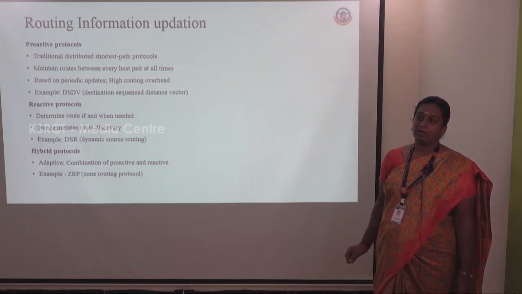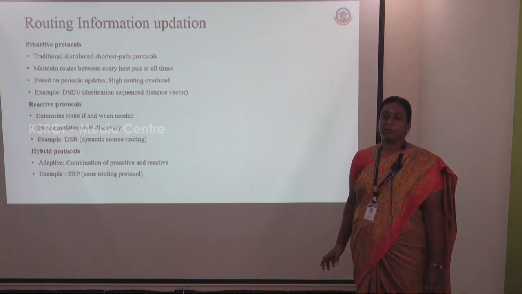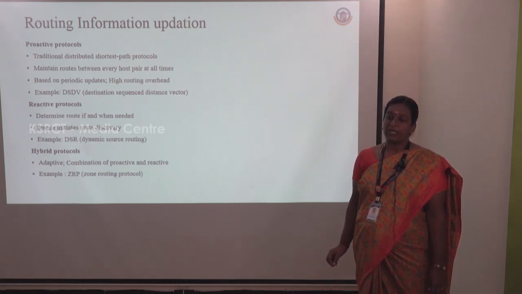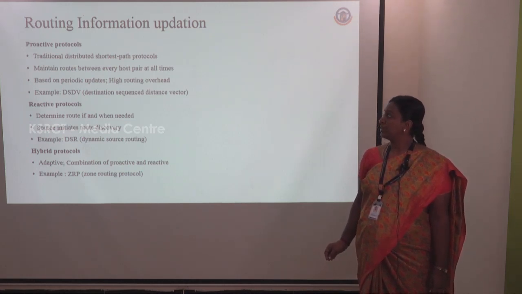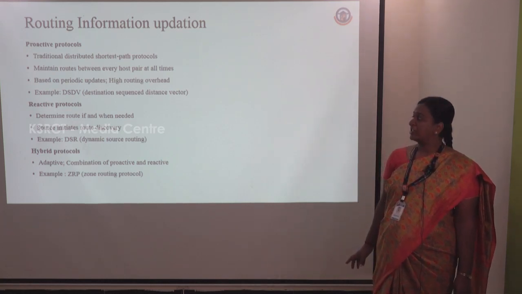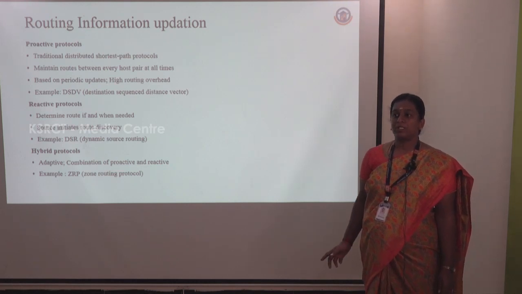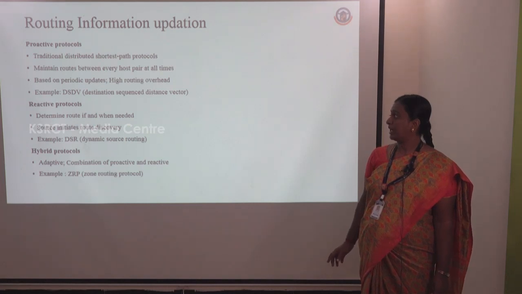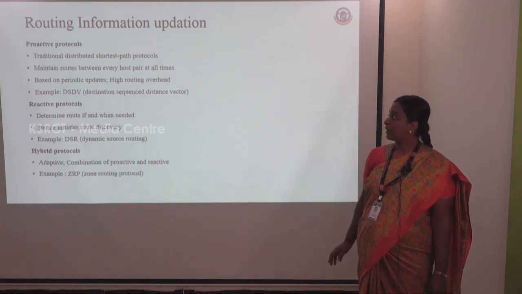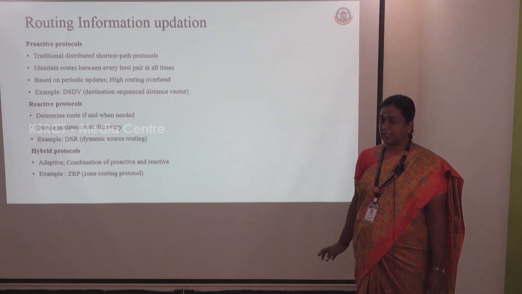In a mobile ad hoc network, each node entering the network maintains a route table which stores information about the source, destinations and sequence numbers. These route updations take place frequently, based on periodic updates. At regular intervals of time, due to changes of the nodes, the route information will be updated. High routing overhead occurs. An example of a proactive protocol is DSDV, which stands for destination sequence distance vector.